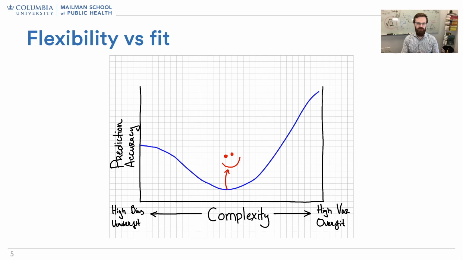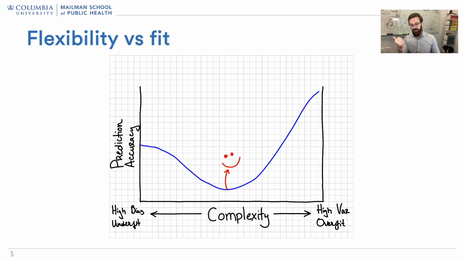This is the kind of figure that you end up with, where on the y-axis what we're looking at is prediction accuracy, right? I'm thinking of generalizability in a very specific sense. Can I take a model generated on one data set and make accurate predictions for outcomes in another data set? That's what I'm really interested in. If I don't have a model that's complex enough, then what I end up with is underfitting. There are patterns that I'm missing, and I do badly in terms of prediction accuracy.